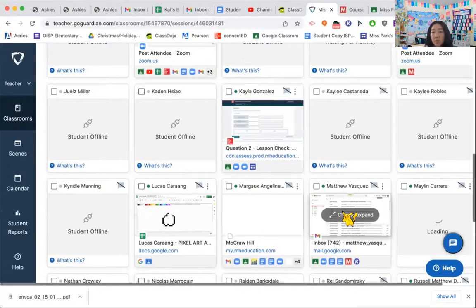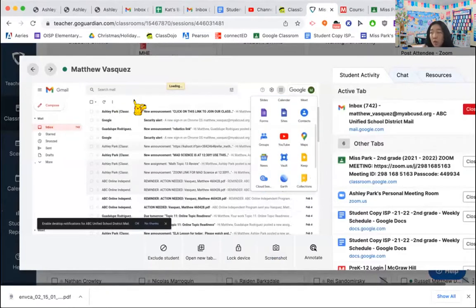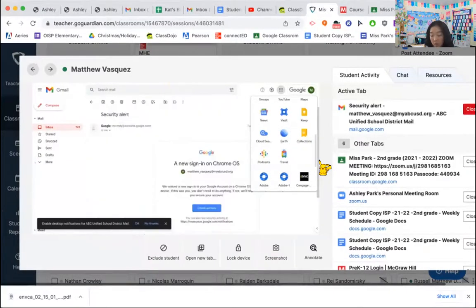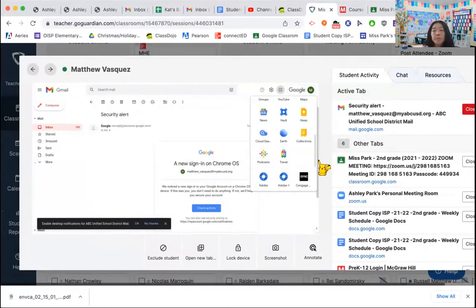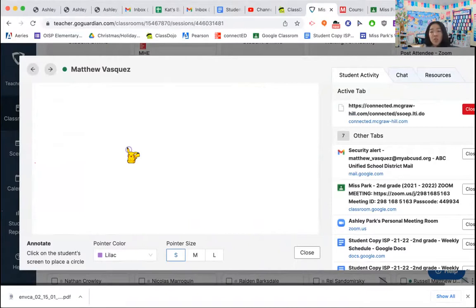Once you click on McGraw-Hill, you're going to go to the top of your screen where your old elementary school is. You're going to go to your old elementary school, and then you're going to change it to OISP.